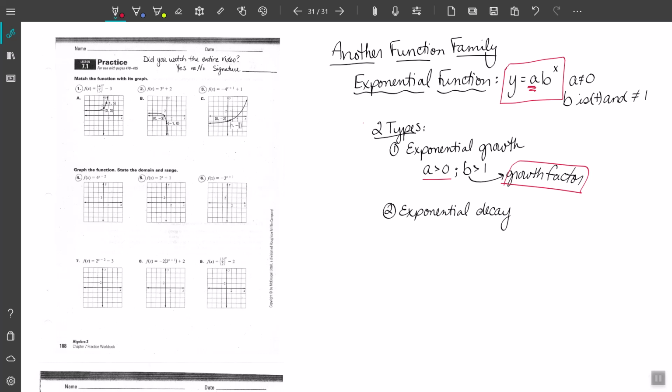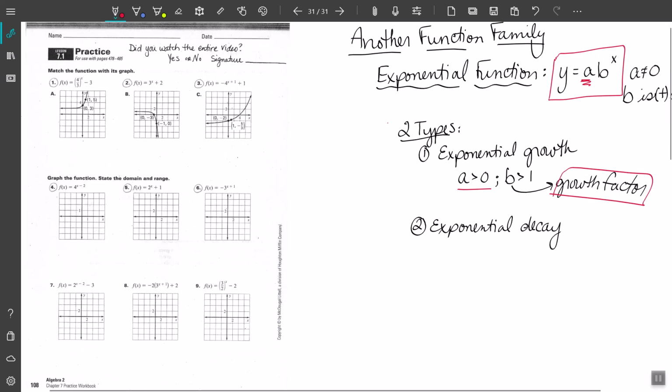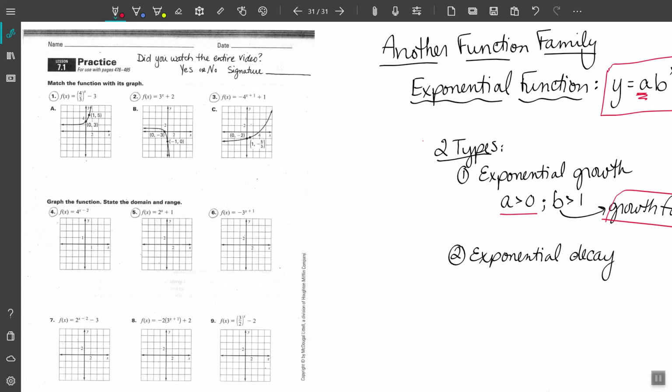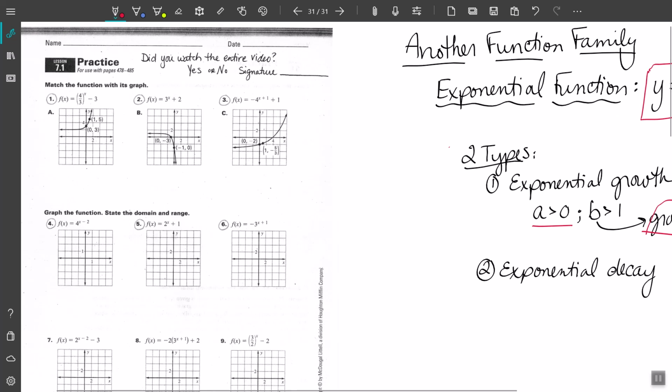So let's look at number 1, and actually 1 through 3. We're going to need to match the function with the graph that is shown below, A, B, or C. And what we need to spend a good amount of time doing on this part of the worksheet is making sure that we are evaluating our exponential expressions correctly.